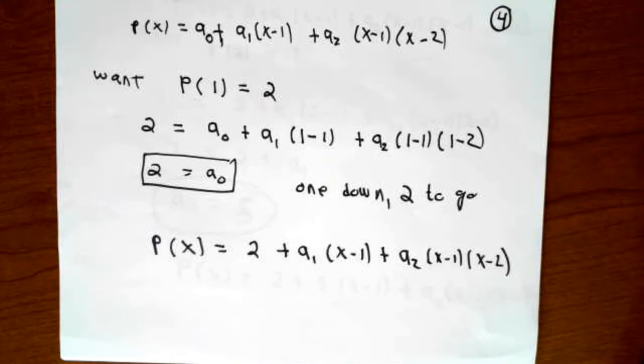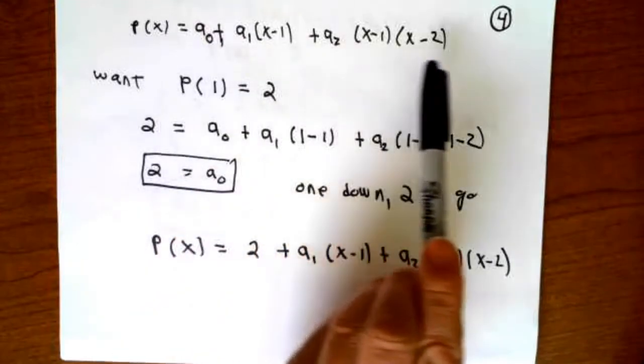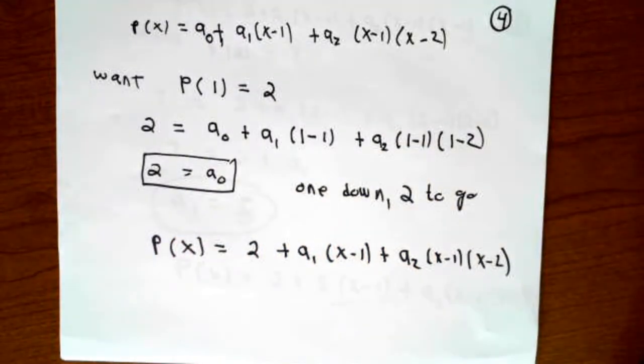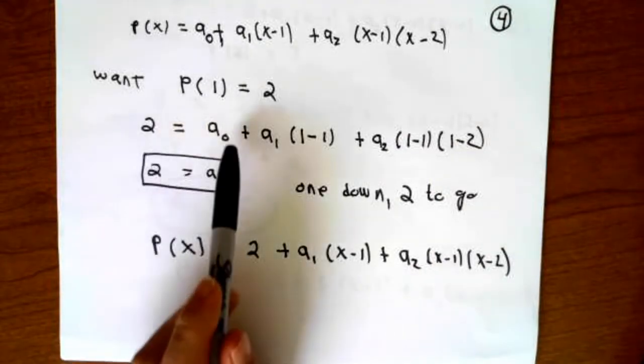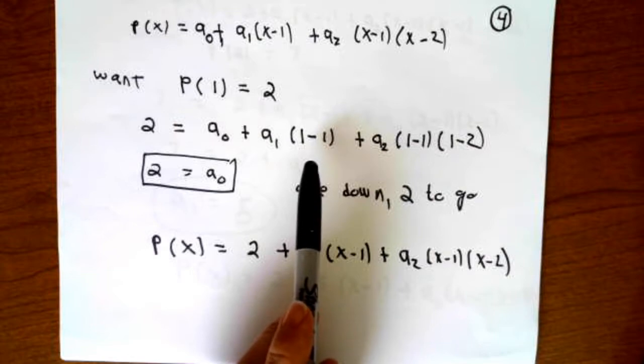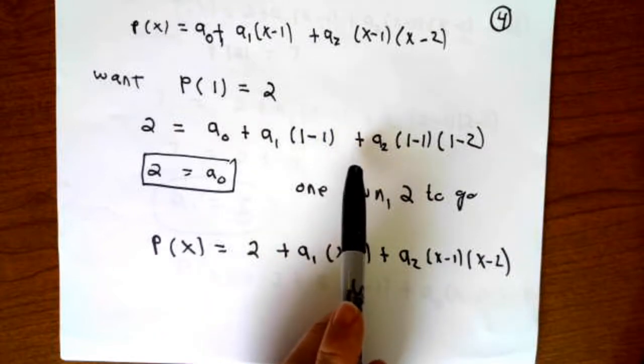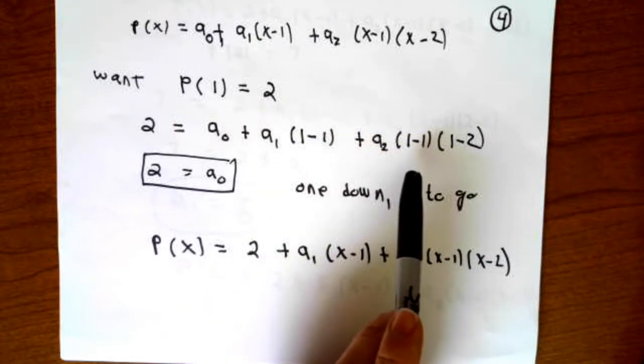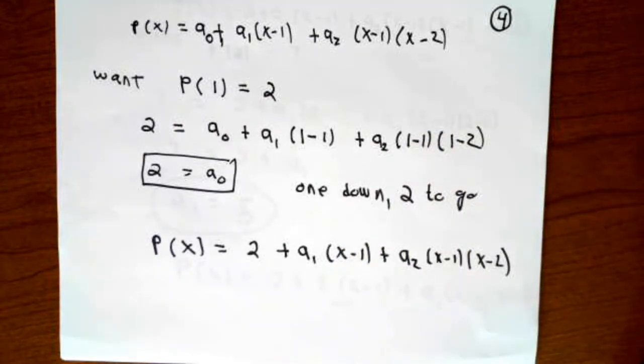One of my data points has x coordinate equal to 1 and function value 2. That is to say, when I put x equal to 1 into my polynomial, I want to get 2 for an answer. 2 needs to be a0 plus a1 times 1 minus 1 plus a2 times 1 minus 1 times 1 minus 2.